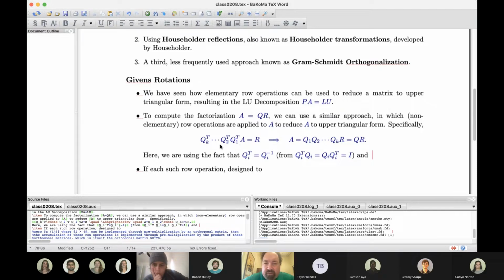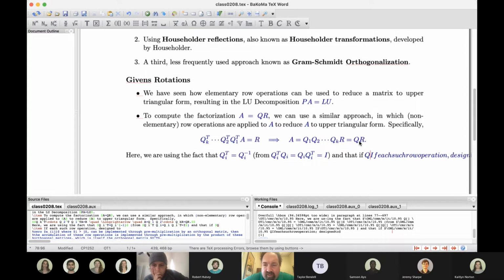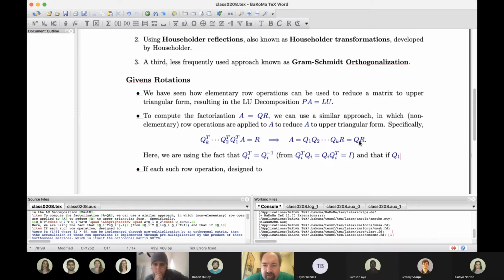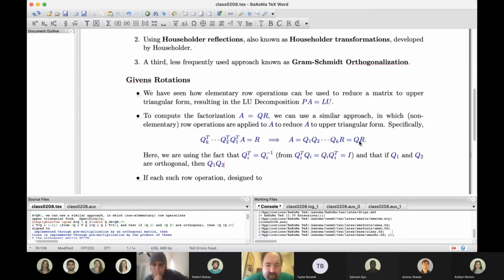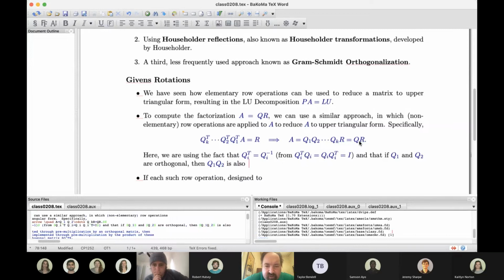That's what justifies going from here to here. And to get from here to here, if Q1 and Q2 are orthogonal matrices individually, then the product Q1 Q2 is also orthogonal. So because I know each one of these factors is orthogonal, I know that Q is also orthogonal.